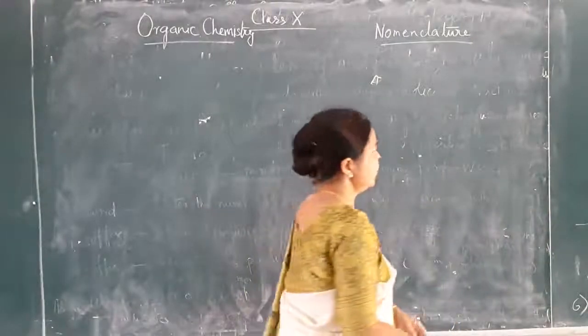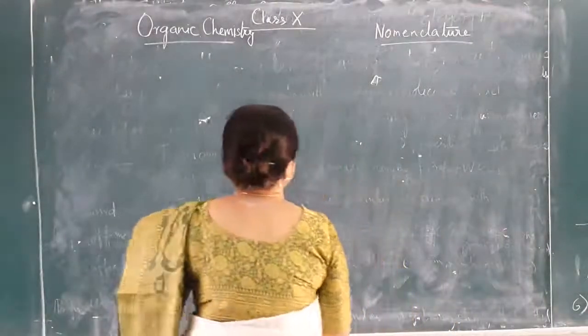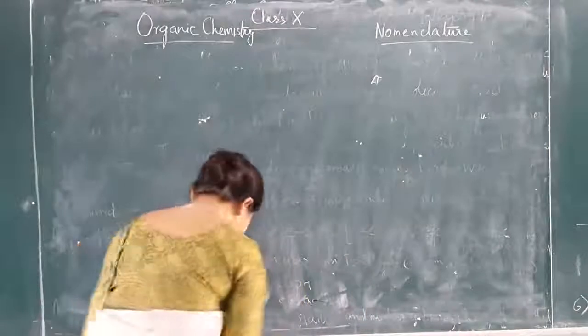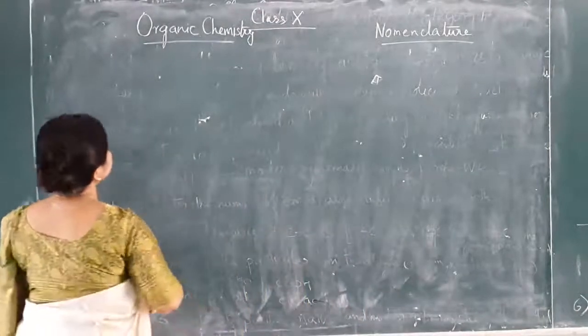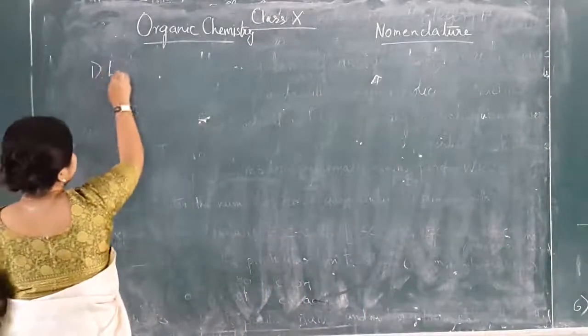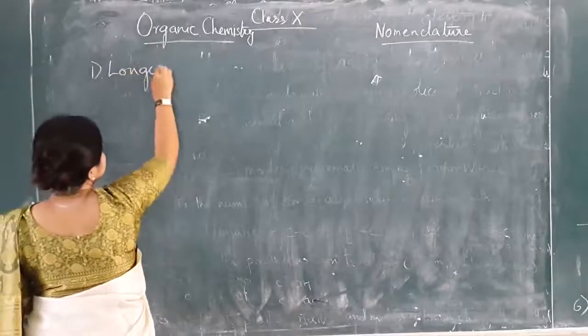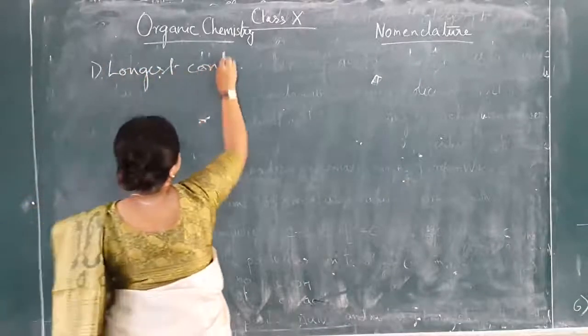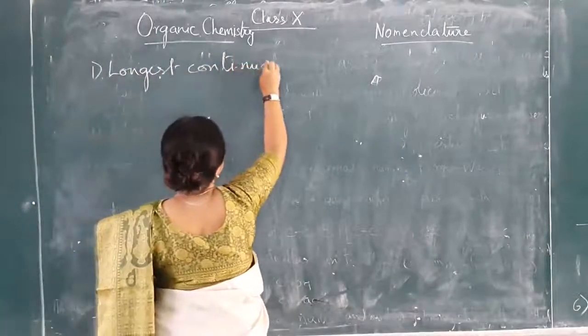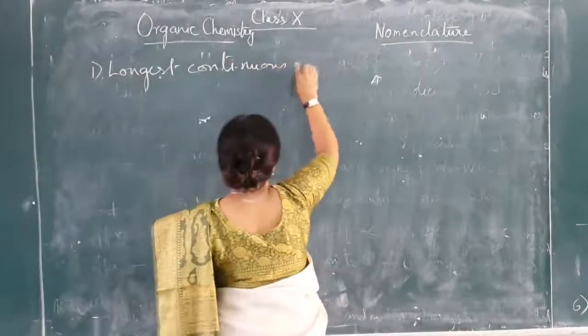The first rule states the longest continuous carbon chain.